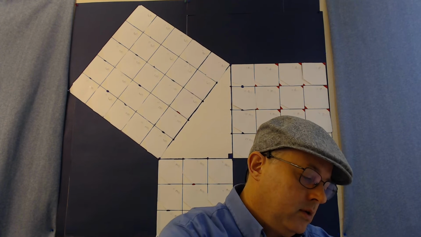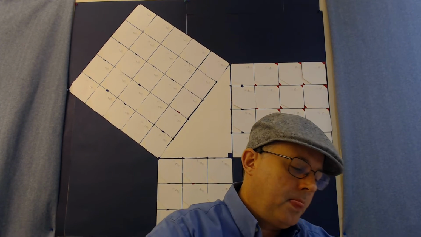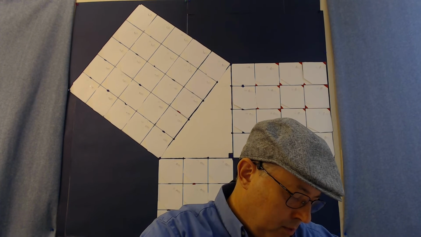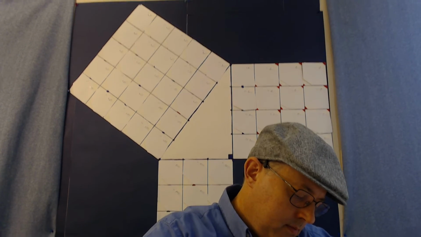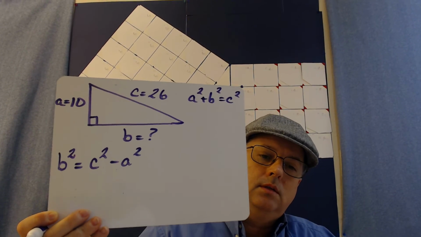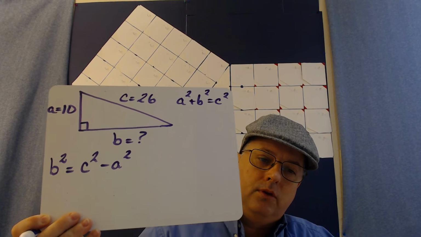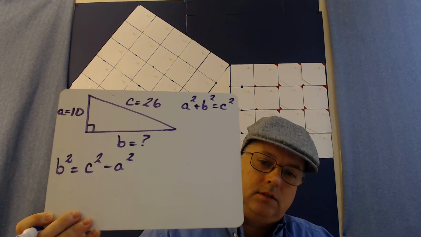Okay, so here's our right triangle, and we know that the Pythagorean theorem says that A squared plus B squared equals C squared. And now since we're trying to find B, we're going to put B first. So B squared will equal C squared minus A squared. Okay, it's nice to solve for the variable first and then substitute in the values.